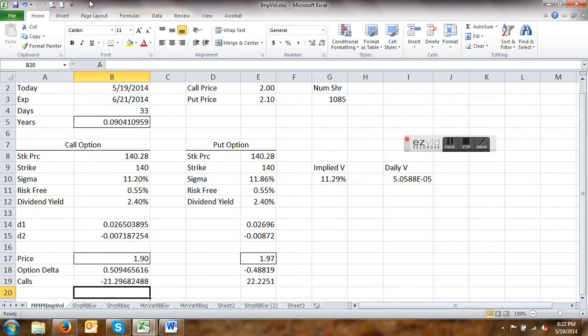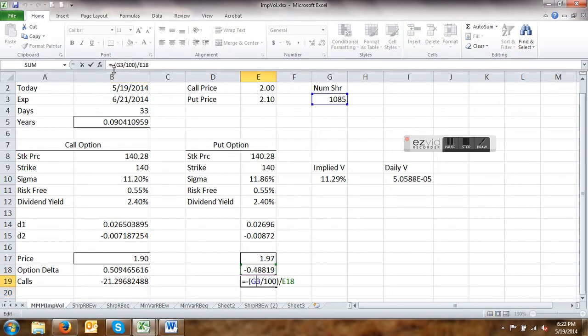And negative means that you want to write them. So you want to sell to open the contracts, and then if the stock price goes down by $1, which means you'll lose $1,085, you'll gain exactly or roughly that in terms of the value of the drop in price of the calls.